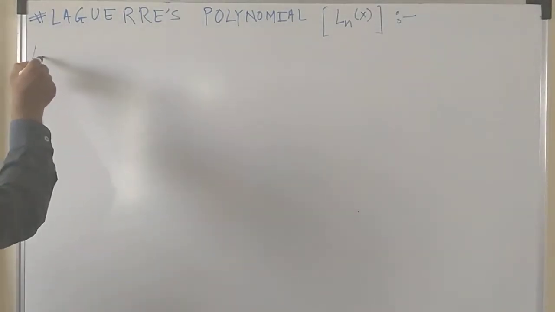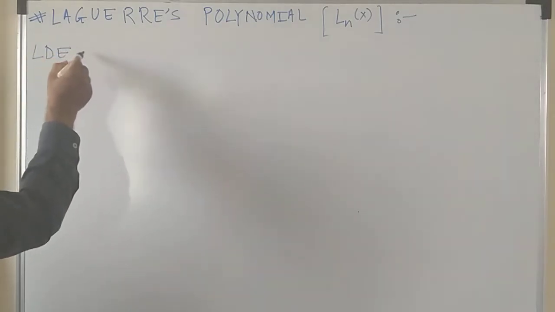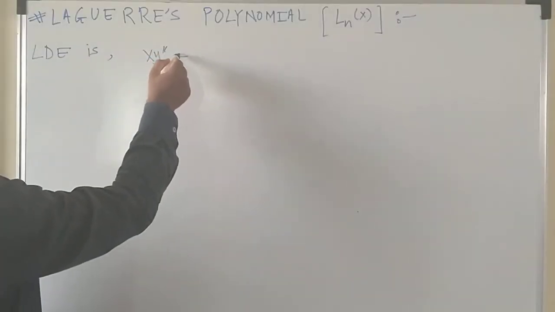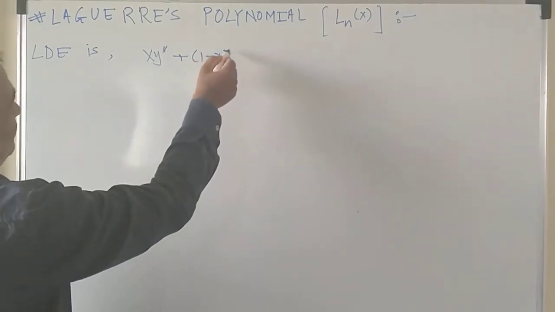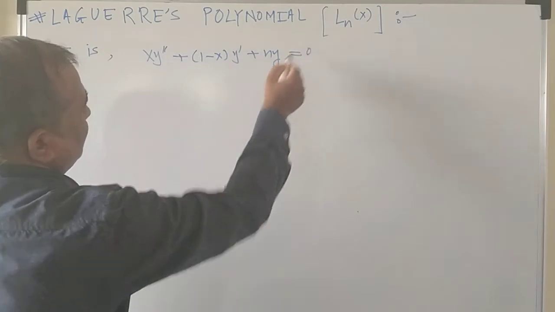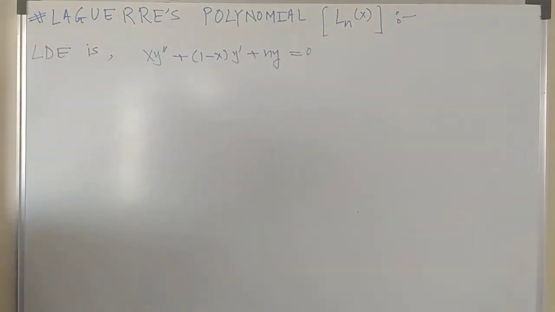So let us go first for the differential equation. The Laguerre differential equation, LDE, is xy double dash plus (1 minus x) y dash plus ny equals 0, right?